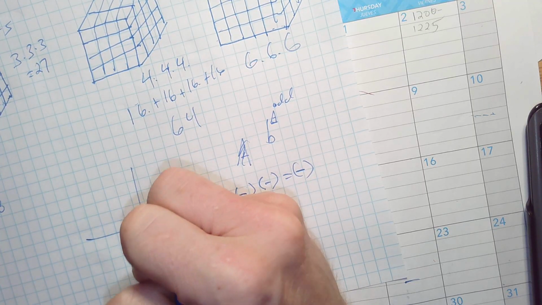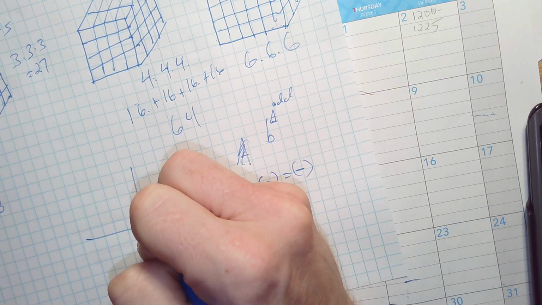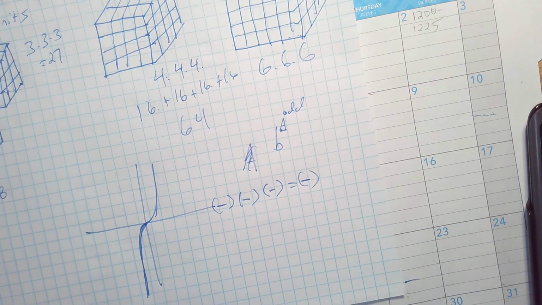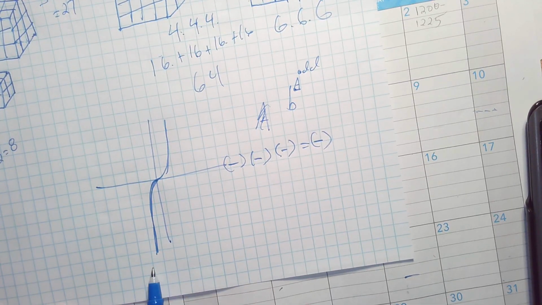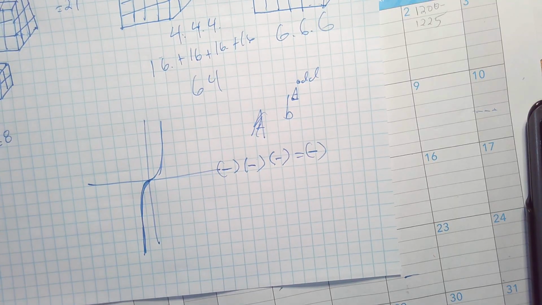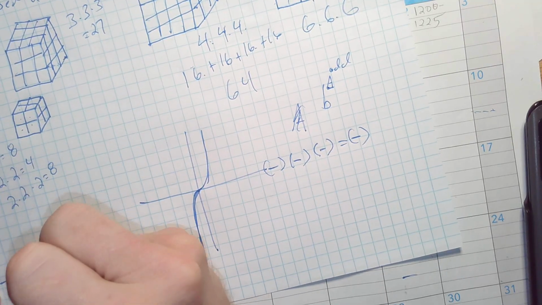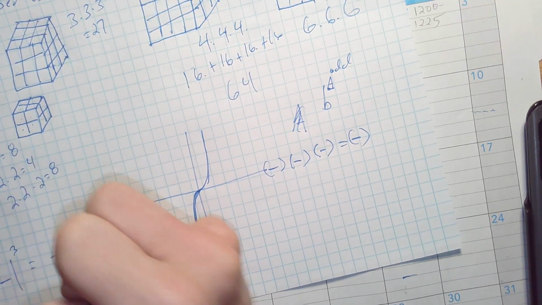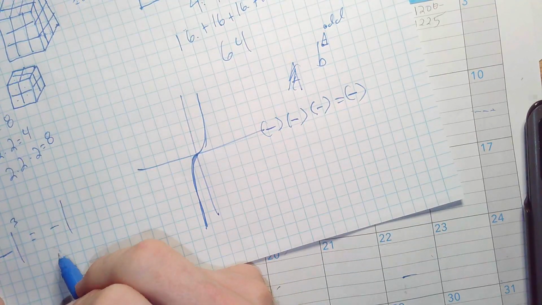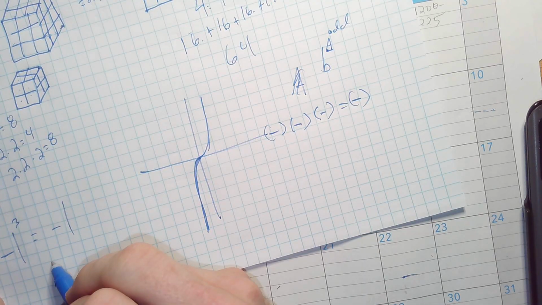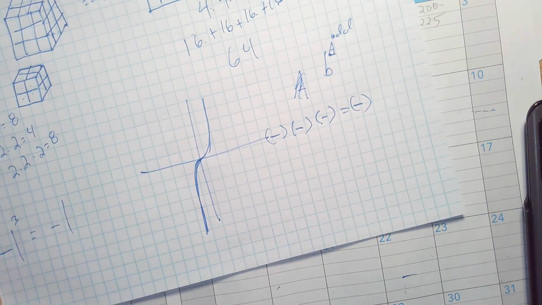It gets big really fast, and if it's positive, it gets big really fast too. So your graph looks something like that. I gave you 3 examples there. A negative 1 cubed is still negative 1, because negative 1 times negative 1 is 1, times negative 1 is negative 1.